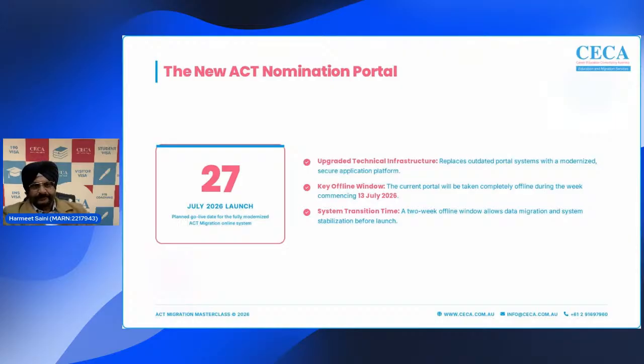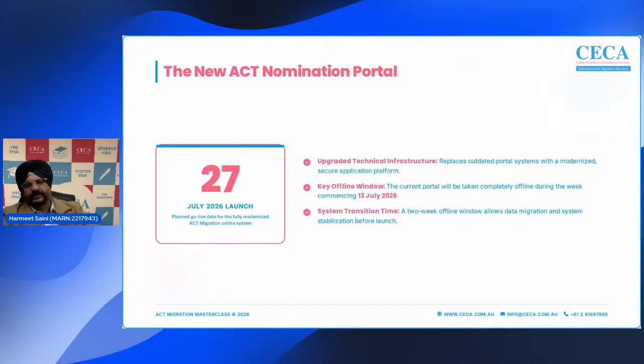So the new nomination portal they're going to introduce will start working from 27th of July. The new nomination portal will replace the outdated portal system with a modernized, secure application platform.